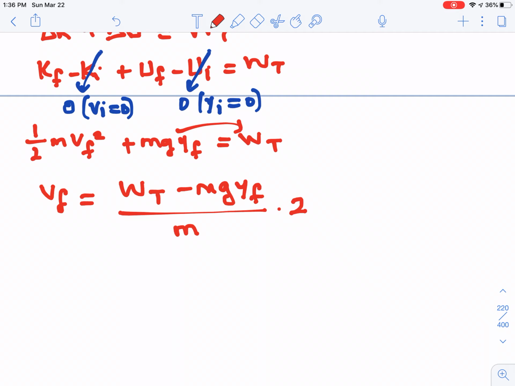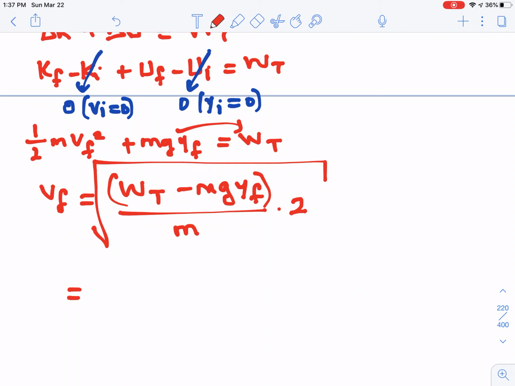Again, that 1/2 is multiplied by 2 on the right side. But that gives you v squared. So to get v final, you need to also take the square root.